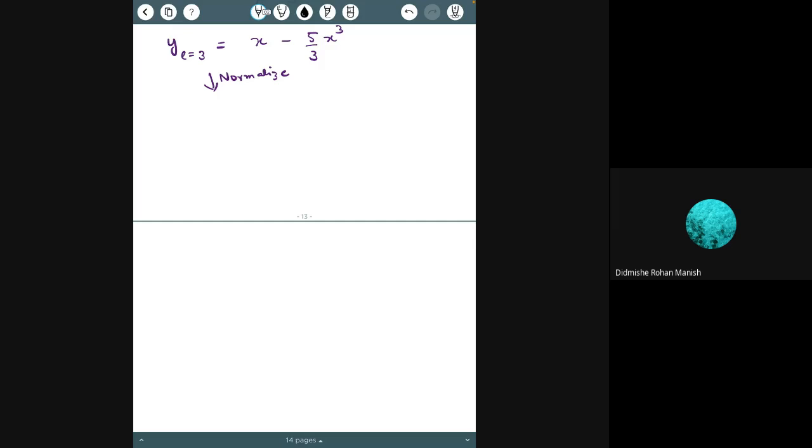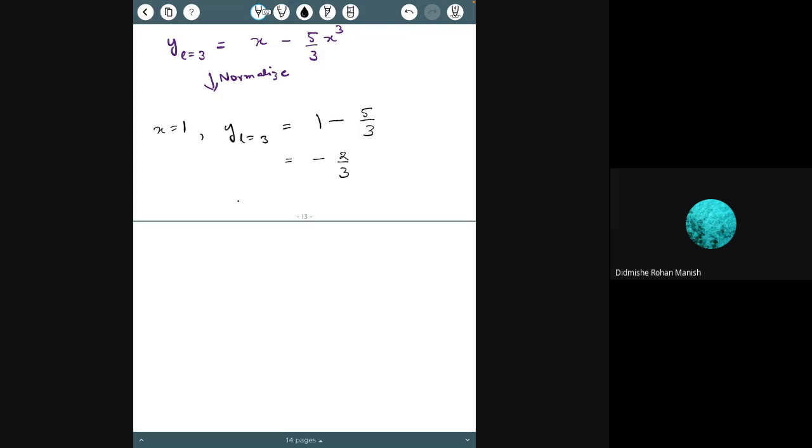Anyway, so this is x minus 5 by 3 x cubed. So for x equal to 1, okay, let me just do one last try. L is equal to 3, that is 1 minus 5 by 3. So this is minus 2 by 3.